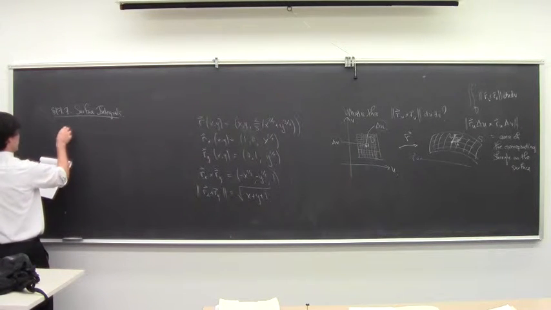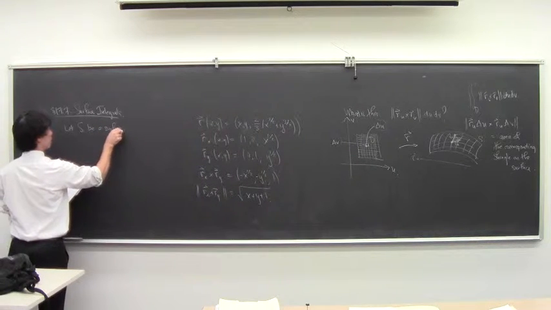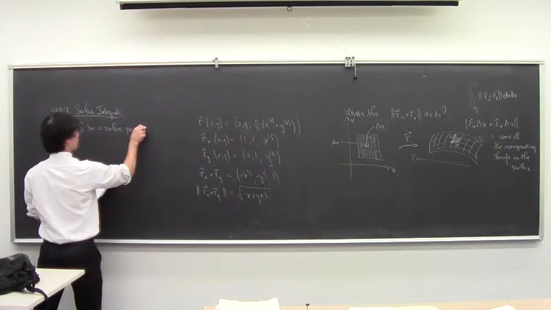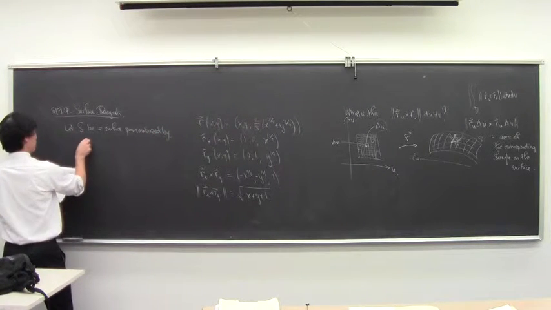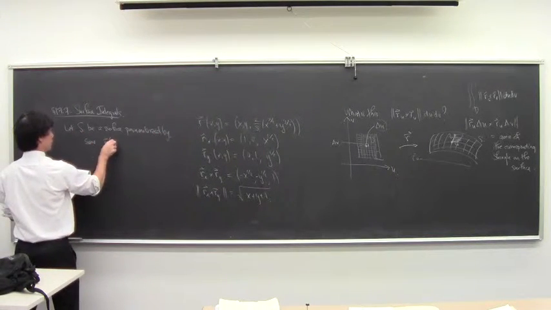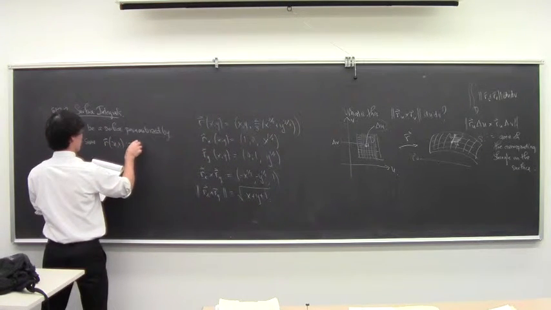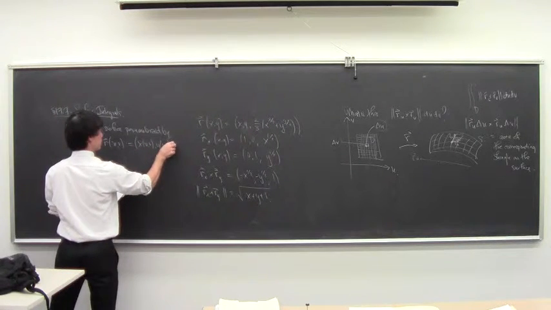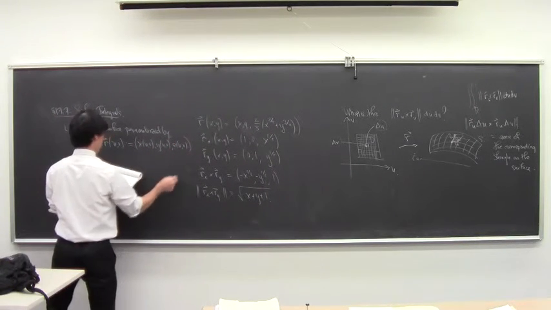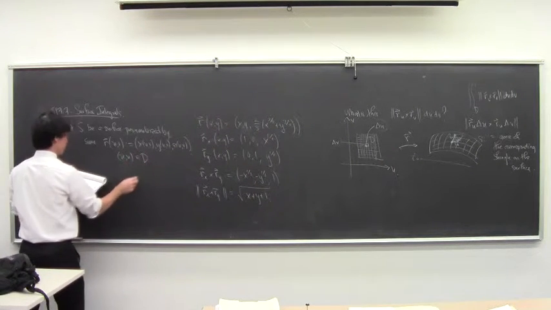You have some surface, so let S be a surface parametrized by some R of (u,v), giving you x(u,v), y(u,v), z(u,v), and (u,v) ranges over some domain.